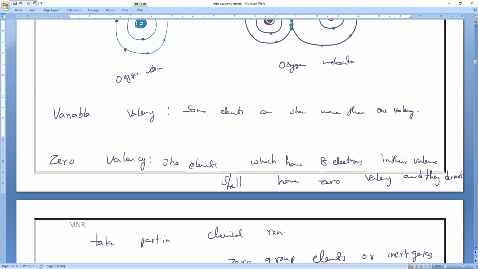These elements can have their valency equal to the number of valence electrons.